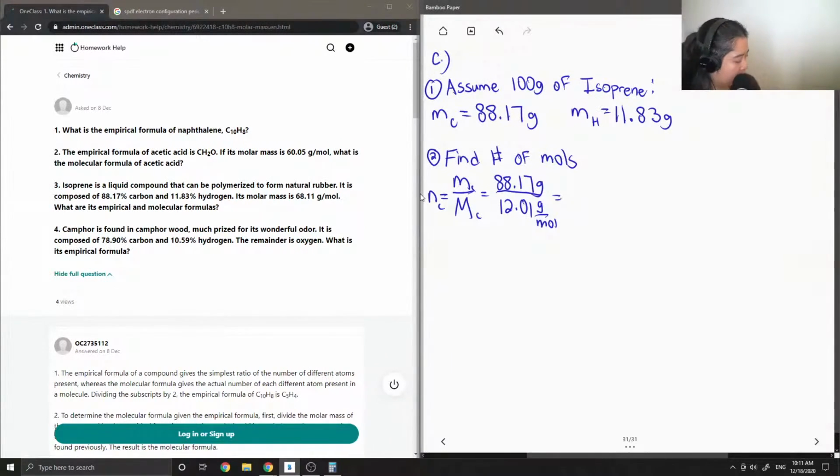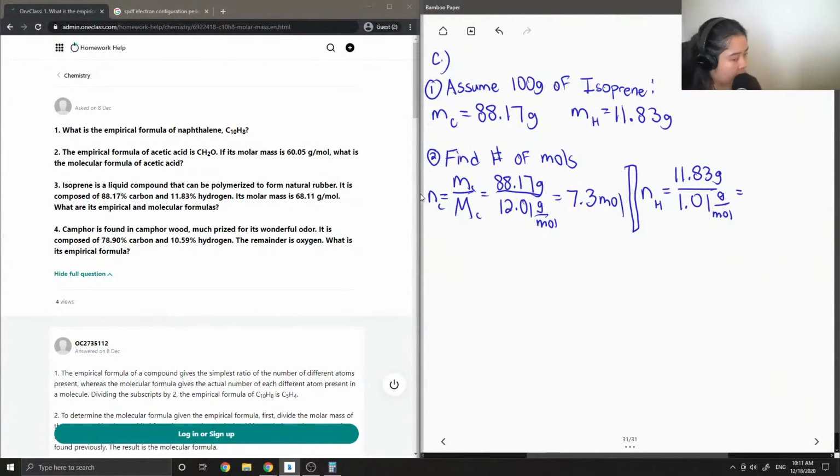So the number of moles of carbon is 7.3. Now let's do the same thing for hydrogen. Its mass is 11.83 grams, and the molar mass of hydrogen is 1.01 grams per mole.